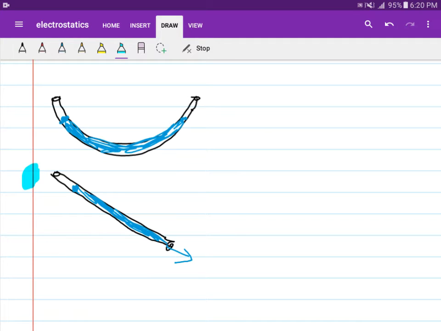So in our first scenario, the water molecules inside this tube are on the same potential energy. So here we have a certain gravitational potential energy, and in this level it is on the same gravitational potential energy.